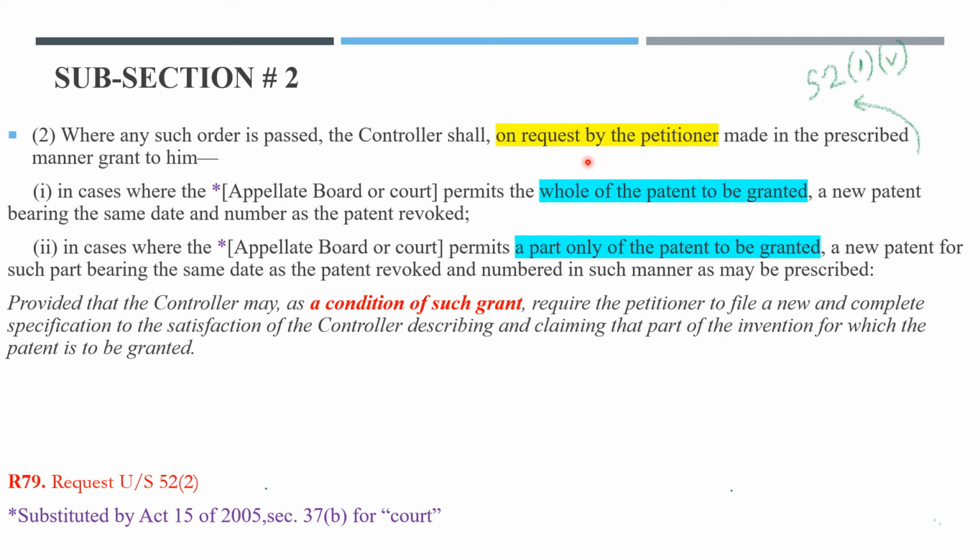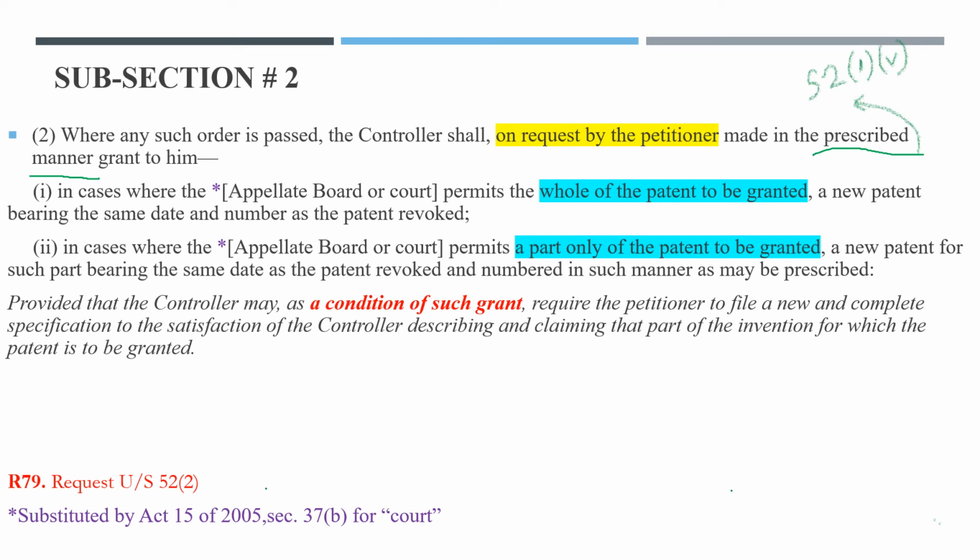So now we will proceed with where any such order is passed, the controller shall on request by the petitioner made in the prescribed manner. And this prescribed manner, friends, what is this prescribed manner? For this, we can go to section 2, subsection 1, clause V. Here we can find the definition of the prescribed manner.